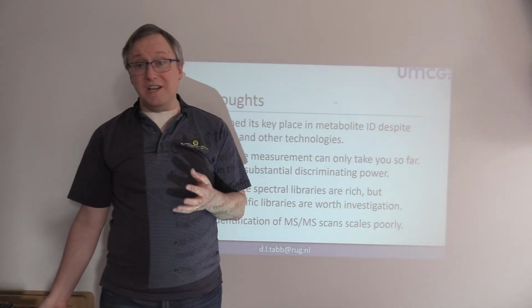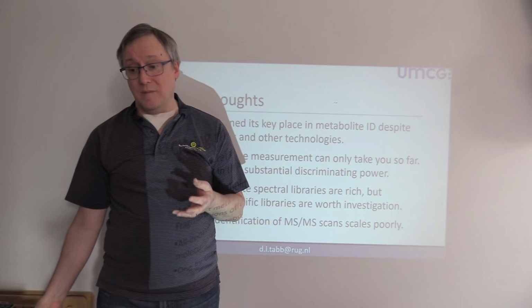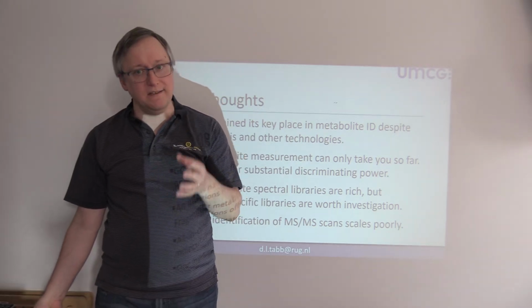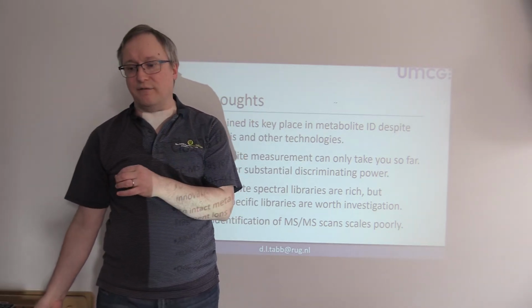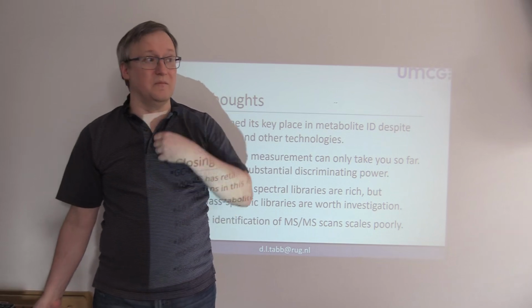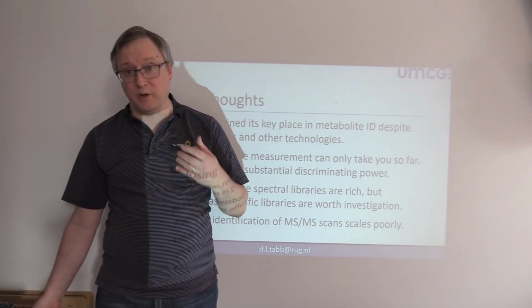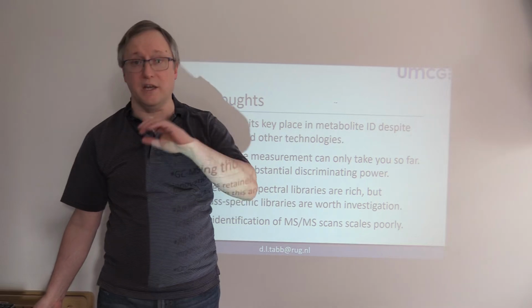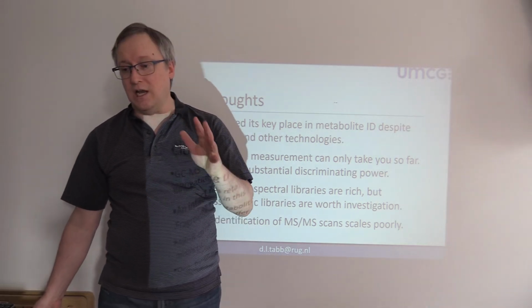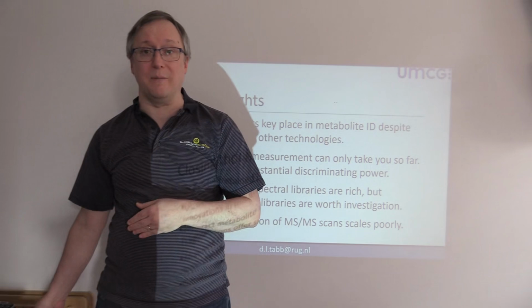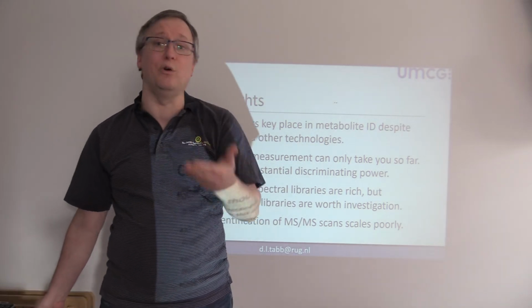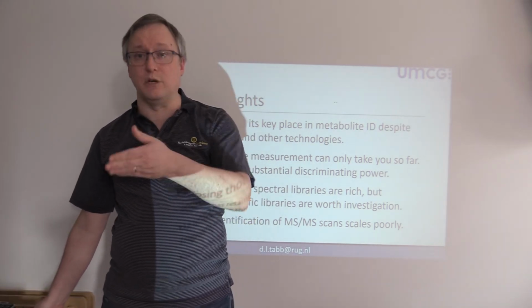Okay, so GCMS has been around forever, and yet it retains its key place in metabolite identification because these very robust instruments produce data that lets you identify a huge variety of metabolites based on the spectral library matching. It's quite a complete tool flow for molecules that you can deal with in GCMS.